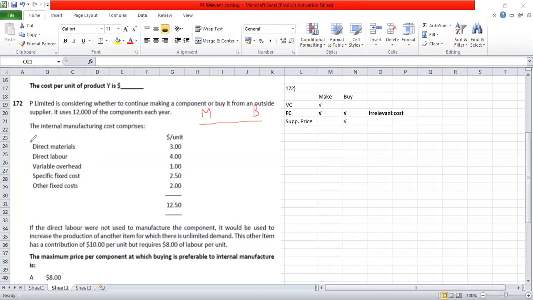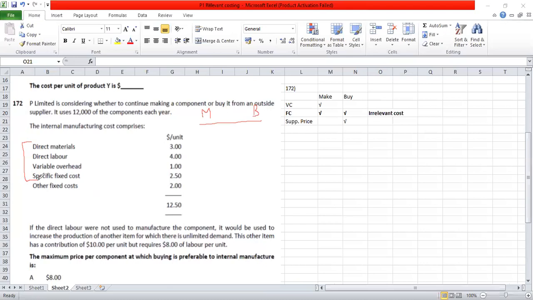So the relevant cost for the decision will be until the specific fixed cost. We've learned the meaning of traceable fixed cost. If they do not manufacture, they don't incur this cost. So the relevant cost added up is 3 plus 4 is 7 plus 1 is 8 plus 2.5, 10.5.